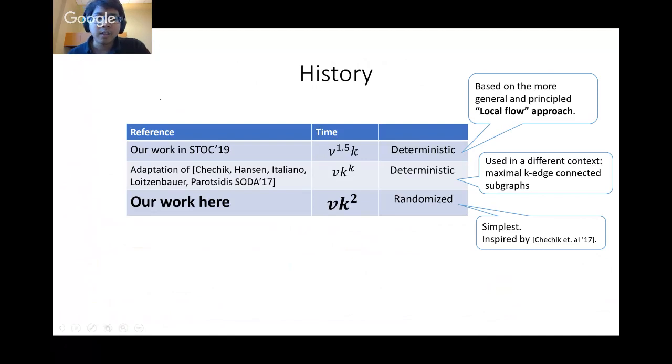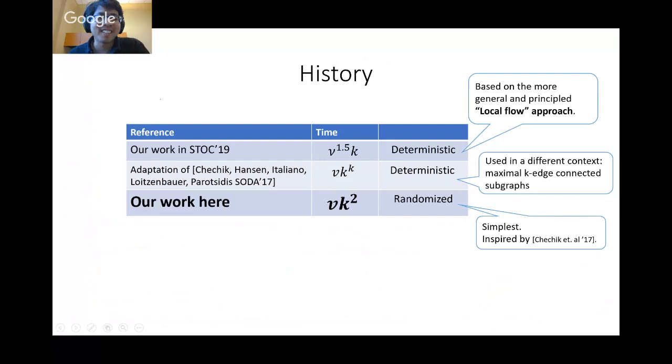What we had before in our STOC paper has running time nu to the 1.5 k. This is more complicated, but based on a more general approach called local flow.